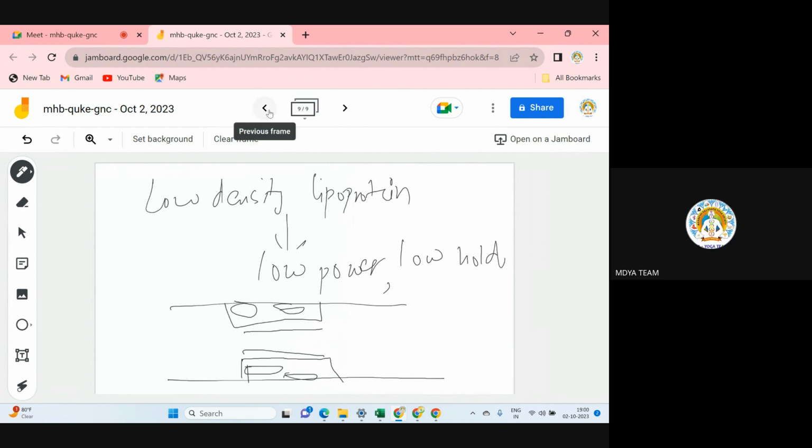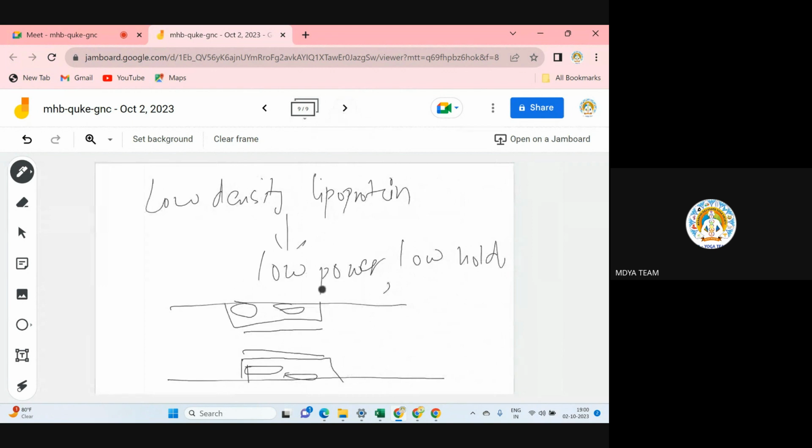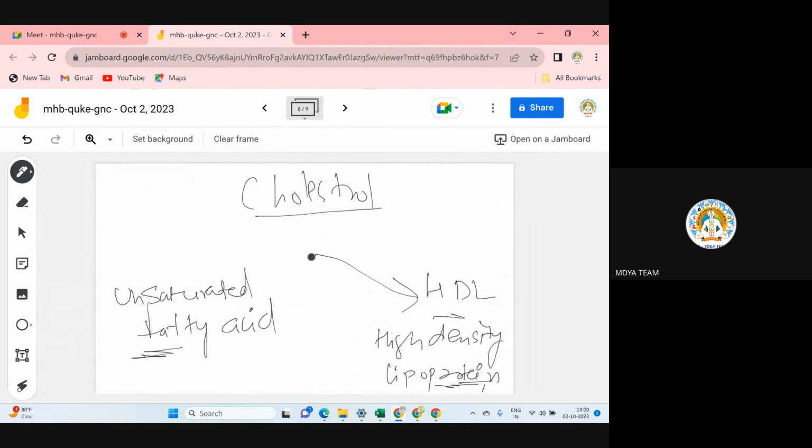Now, the benefit of this HDL. This HDL has very high hold. So this HDL does not drop that cholesterol in between, and because of that our artery remains very clean.